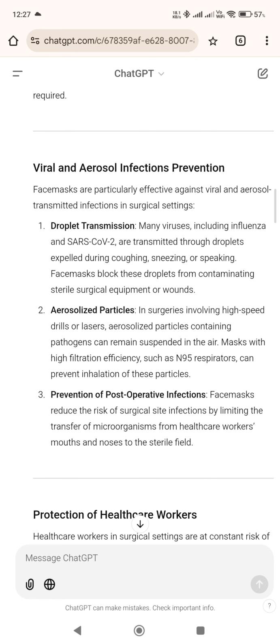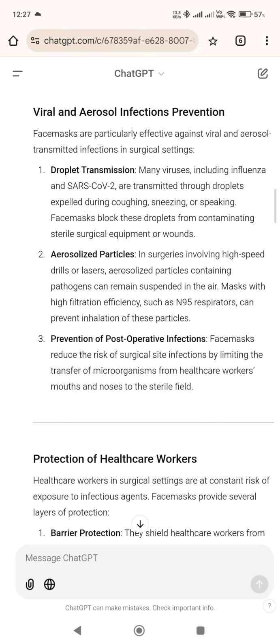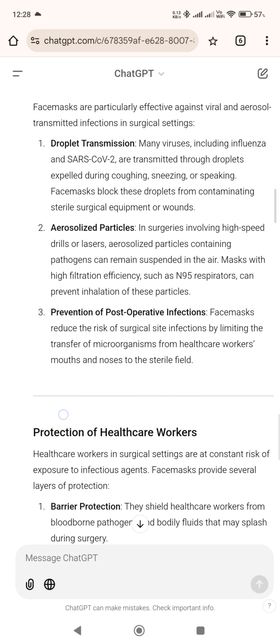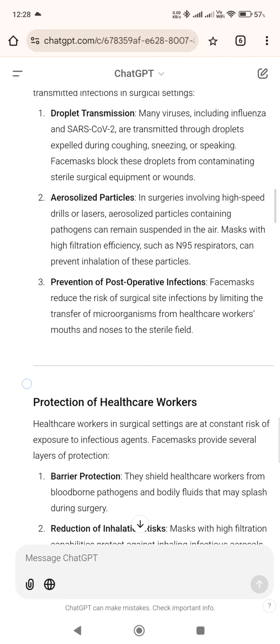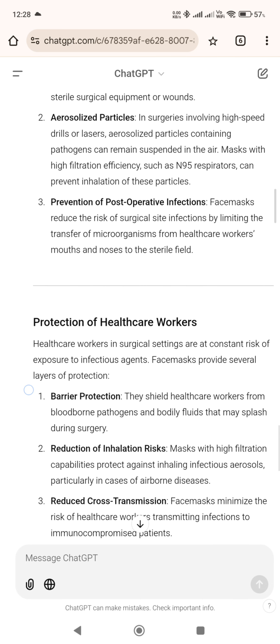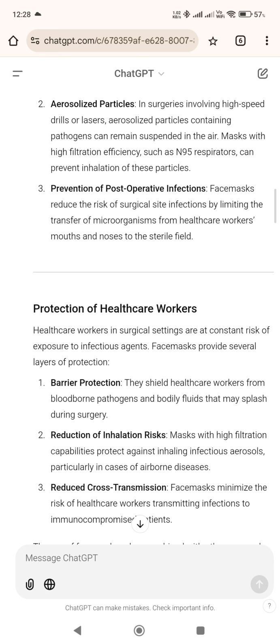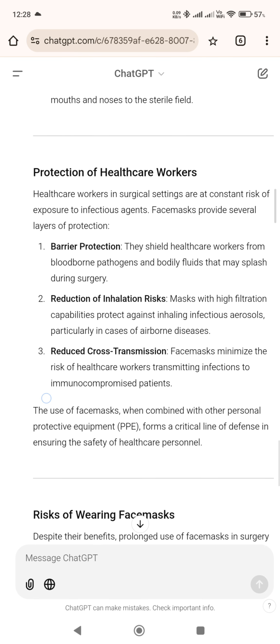In surgeries involving high-speed drills or lasers, aerosolized particles containing pathogens can remain suspended in the air. Masks with high filtration efficiency, such as N95 respirators, can prevent inhalation of these particles. 3. Prevention of post-operative infections. Face masks reduce the risk of surgical site infections by limiting the transfer of microorganisms from healthcare workers' mouths and noses to the sterile field.